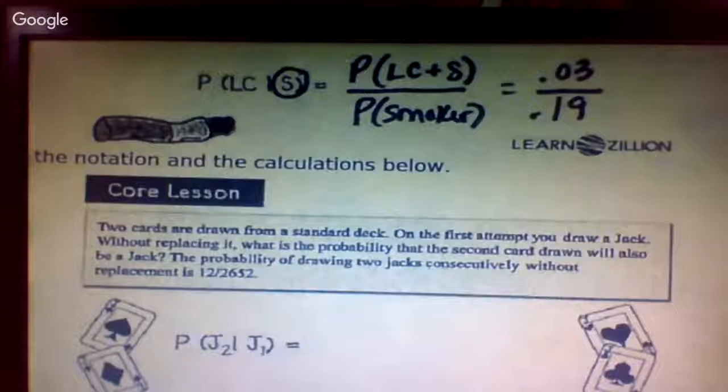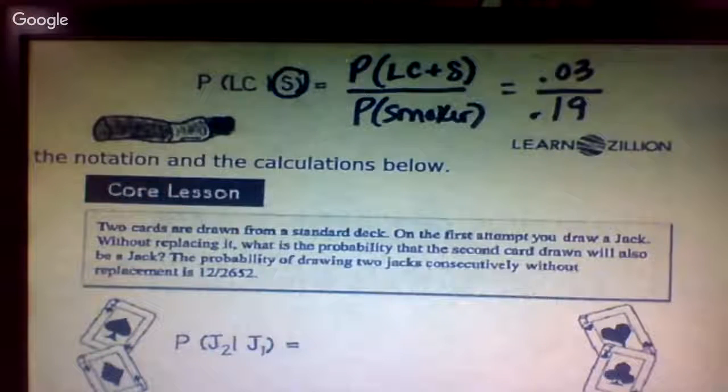Finally, the last one. 2 cards are drawn from a standard deck. On the first attempt, you draw a jack without replacing it. What is the probability that the second card drawn will also be a jack? The probability of drawing 2 jacks consecutively without replacement is 12 over 2,652. What's the first scenario? We're drawing a jack.